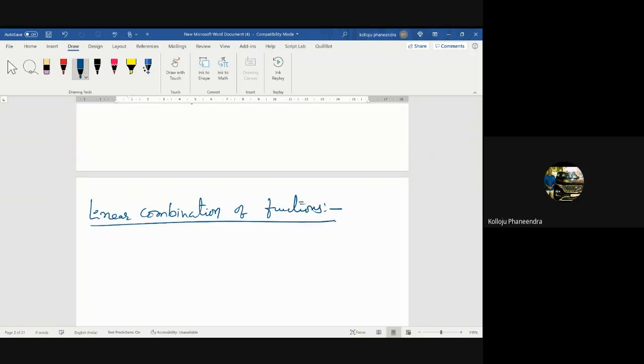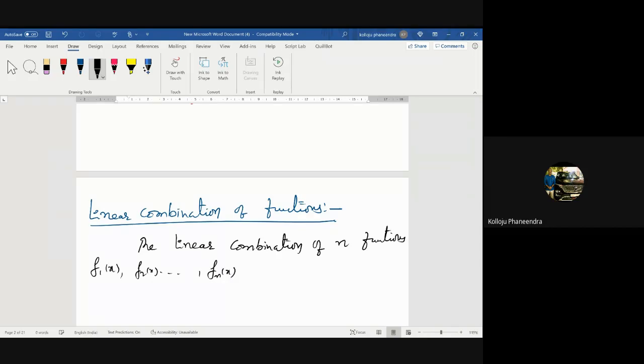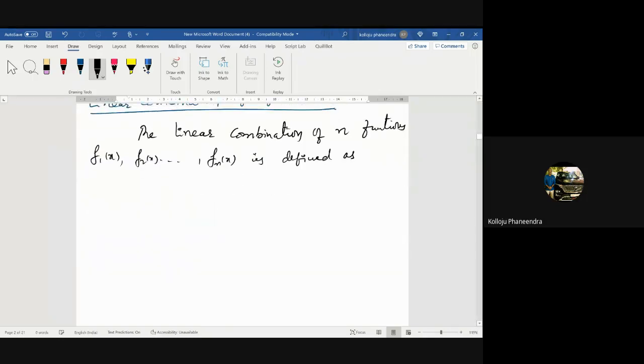The linear combination of n functions f1(x), f2(x), and so on, fn(x) is defined as c1 into f1(x) plus c2 into f2(x) plus and so on, cn into fn(x), where c1, c2, and so on, cn are constants.